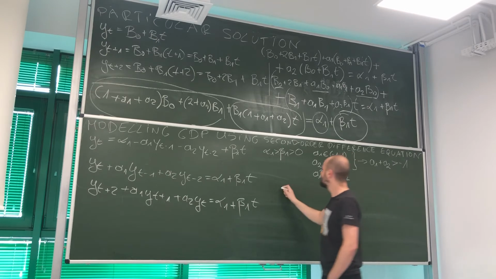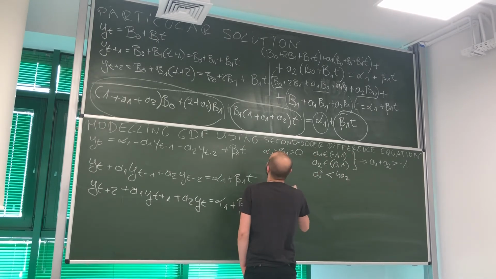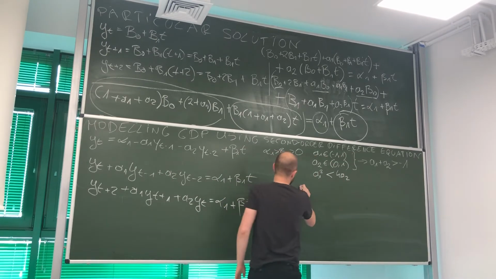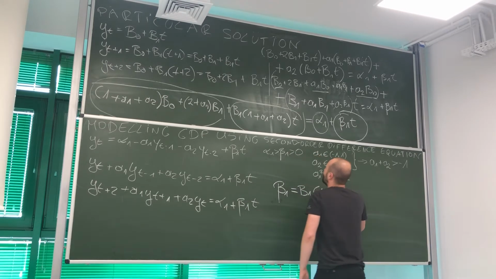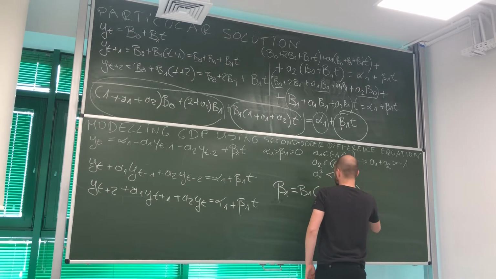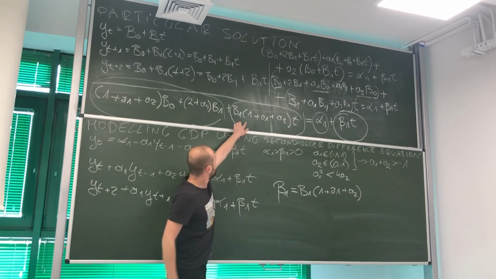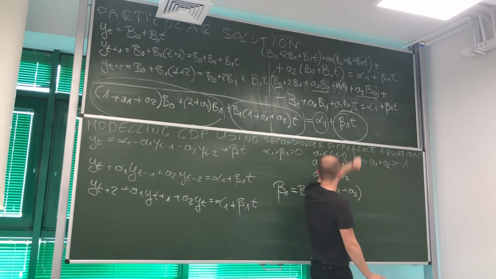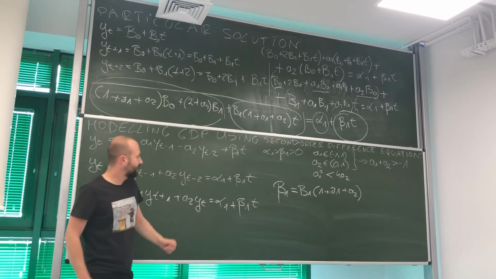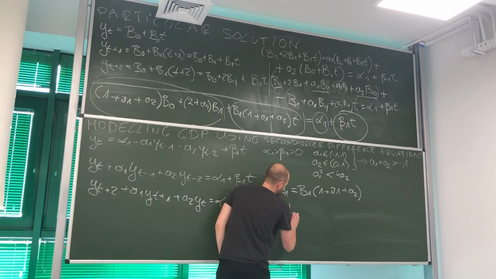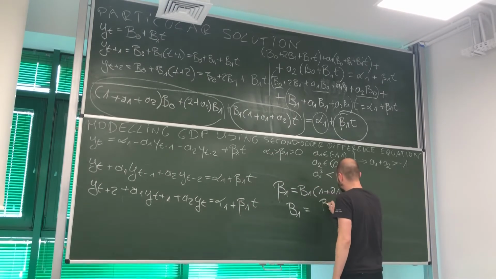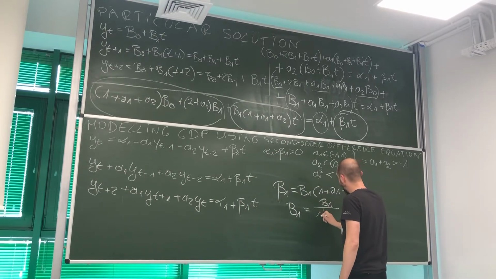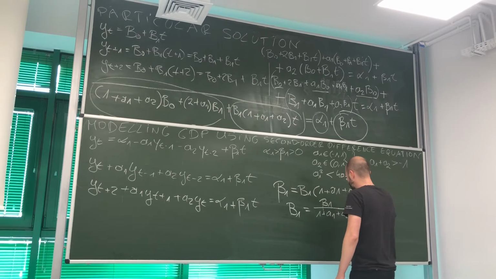So we've got that beta 1 is equal to b1 times 1 plus a1 plus a2, right? Because those two need to be the same. So if we get out of this that b1 is equal to beta 1 over 1 plus a1 plus a2.